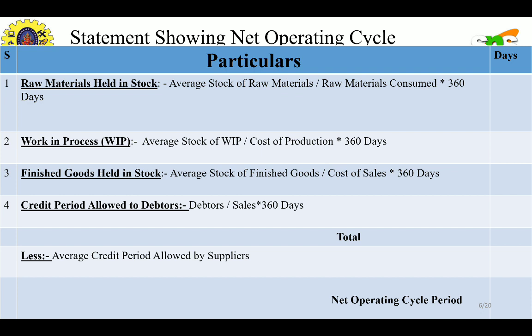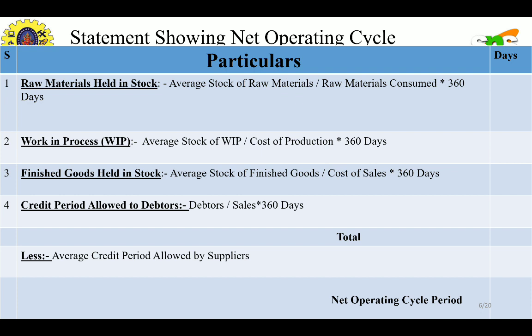Let's go for the first thing, the statement showing net operating cycle. First we want to find the raw material held in stock, then work in progress, finished goods. Then the next one, debtors, is directly given. The formula: raw material held in stock is equal to average stock of raw material divided by raw material consumed into 360 days.